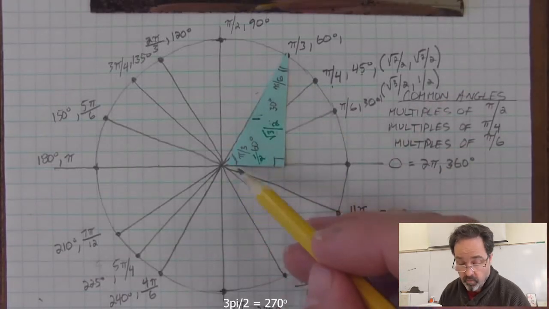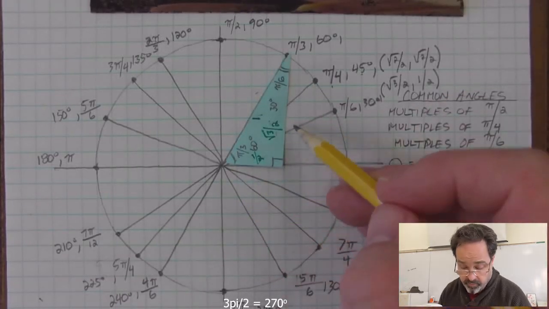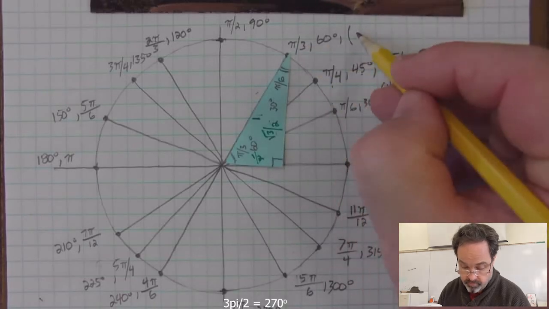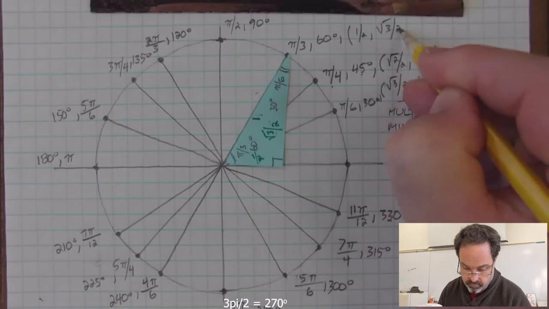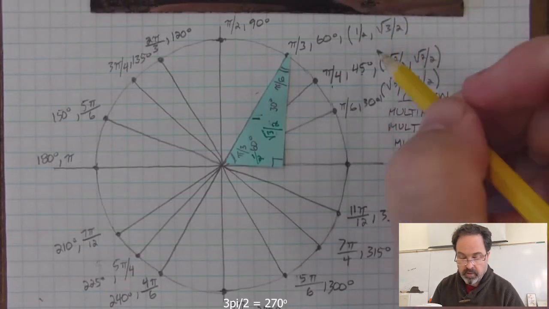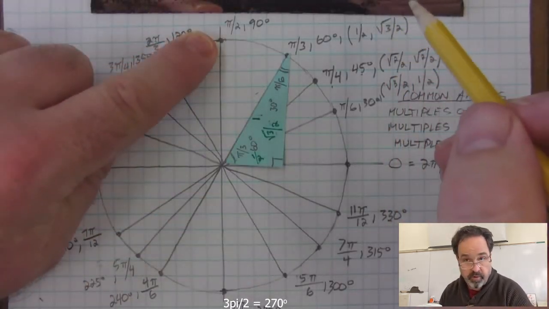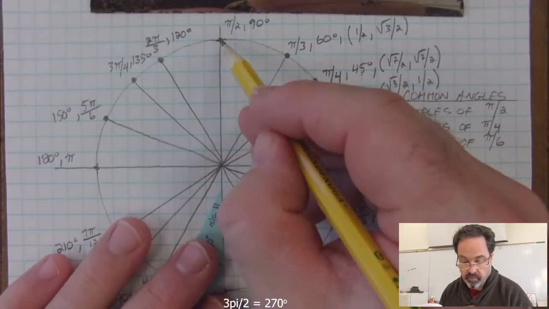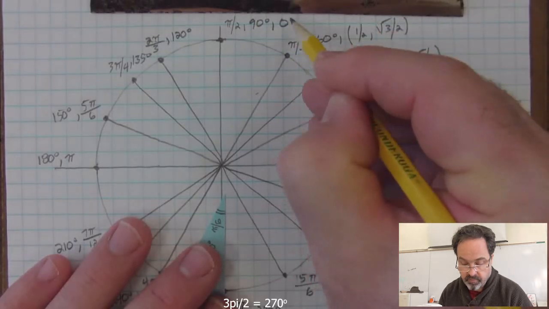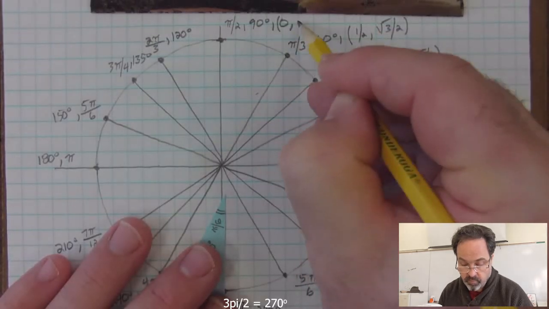In this case, 1/2 x and then radical 3 over 2 y. This point here, I don't need a triangle for. The measure is 1, and the coordinates of this point are 0 x, 1 y.